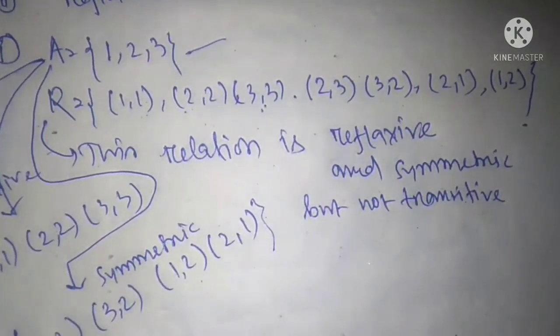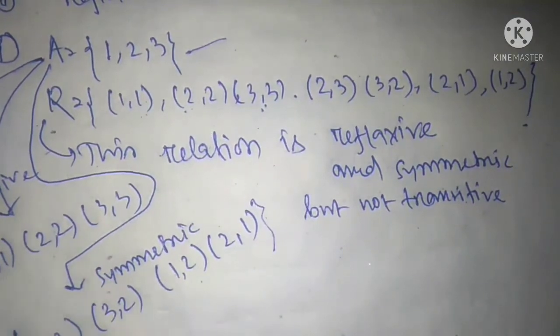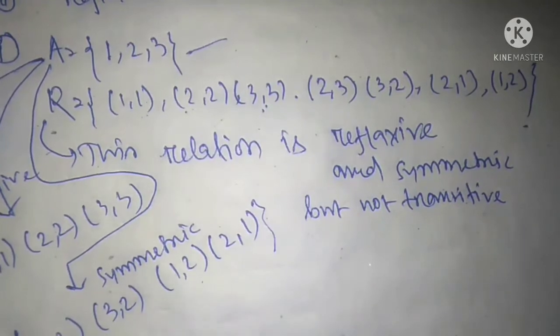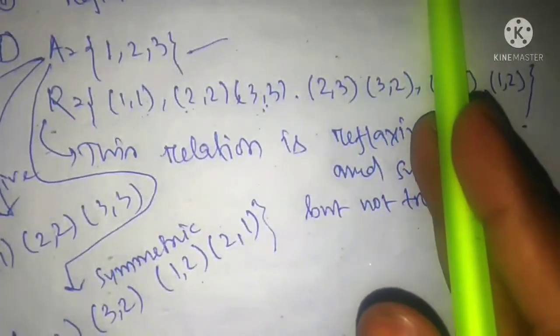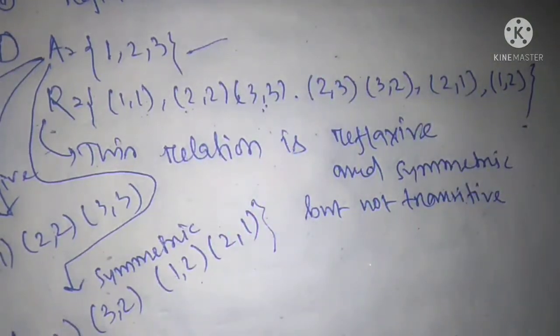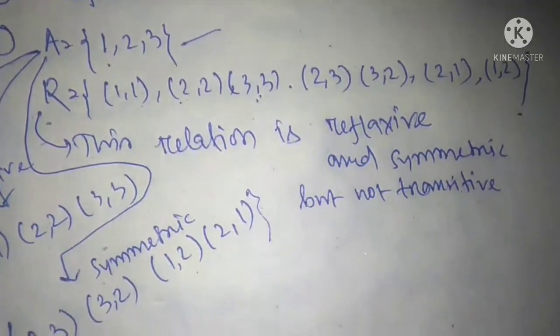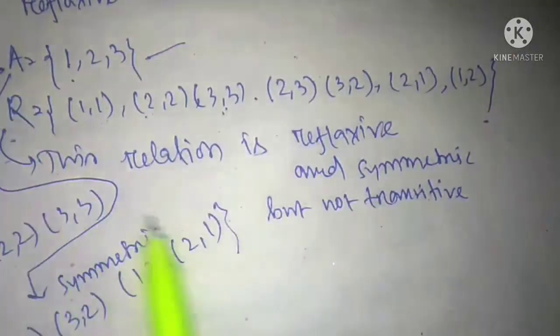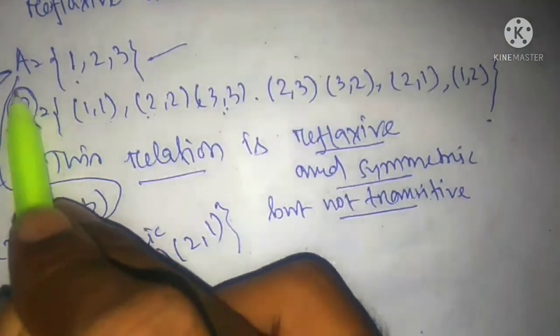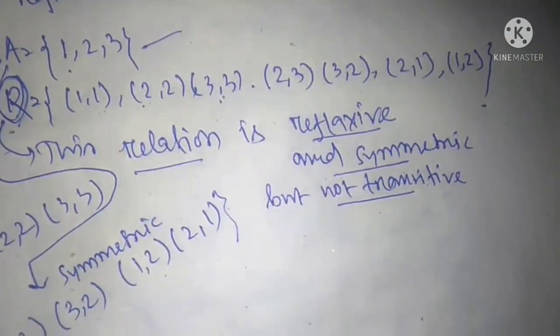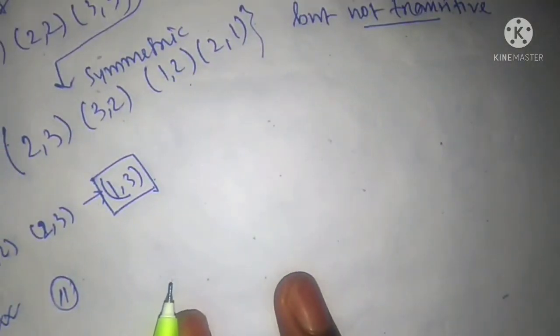The set's transitive elements are what? (1,2), (2,3), that gives (1,3). If the question said that they are also transitive, then we would put all transitive relations in this particular set. Okay, so the first case is reflexive and symmetric but not transitive. But the second one, क्या कहा है कि reflexive and transitive but not symmetric.